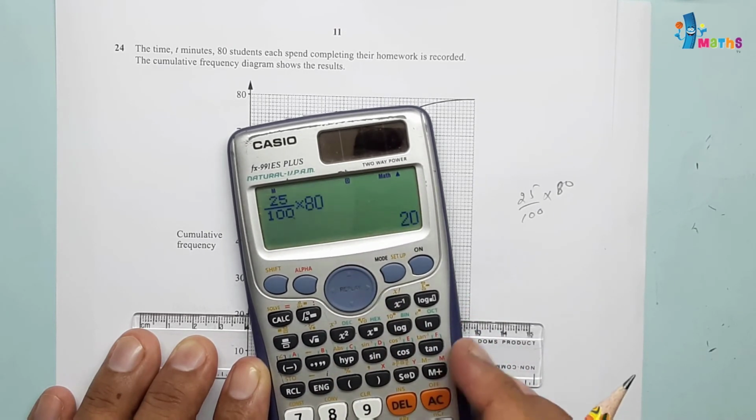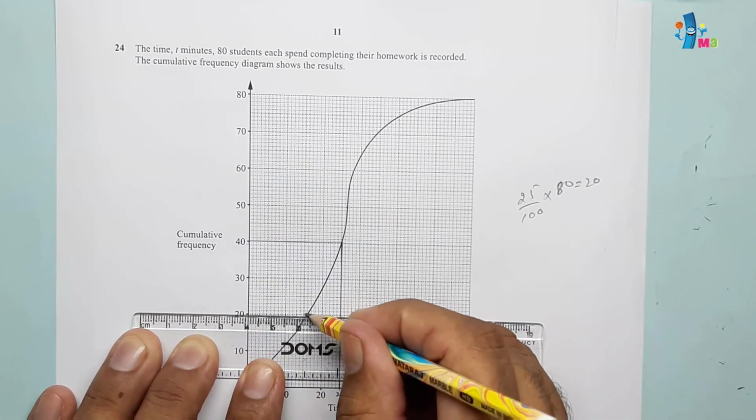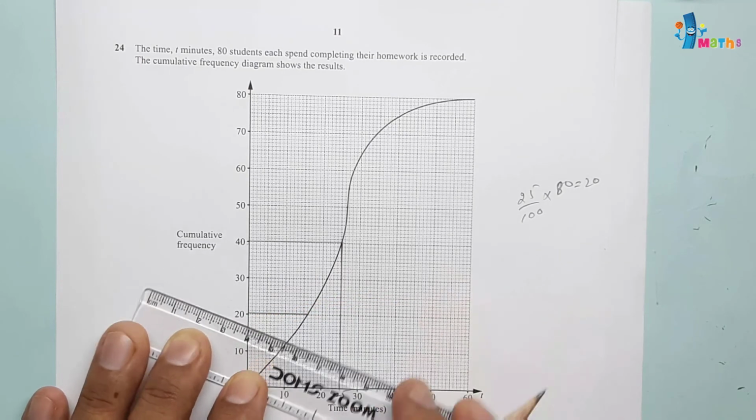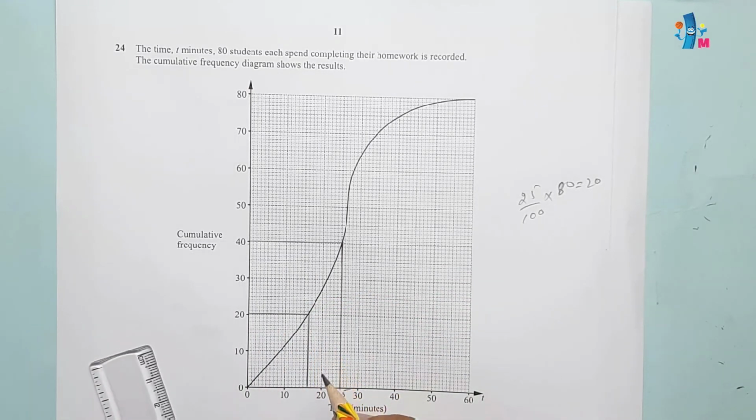So this will be equal to 20. So we will be checking reference from 20 over here, and from this side also we'll be checking the reference from the cumulative frequency diagram. So this is, if you check from here, 10, 11, 12, 13, 14, 15, 16. So this is 16. Lower quartile is 16.